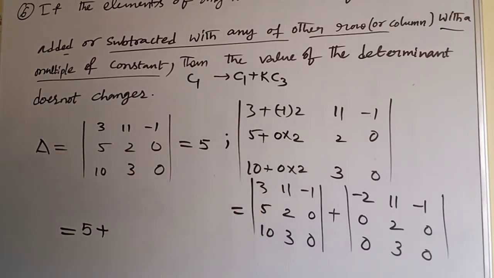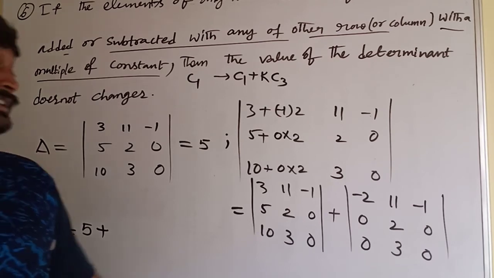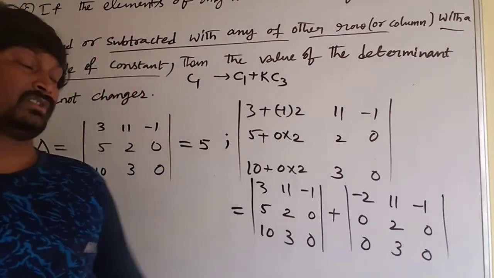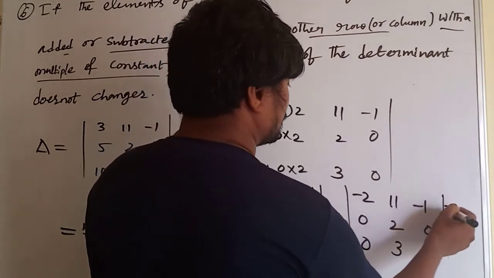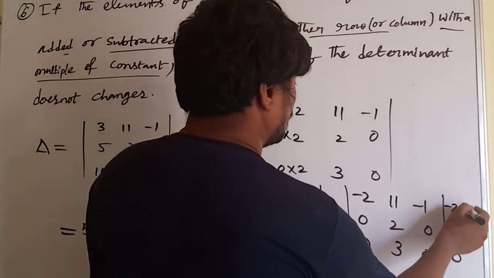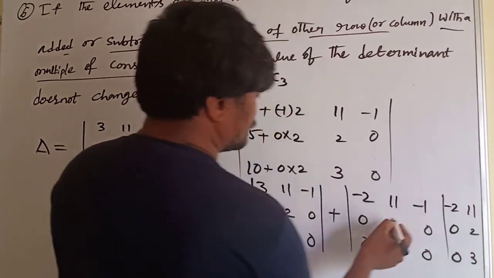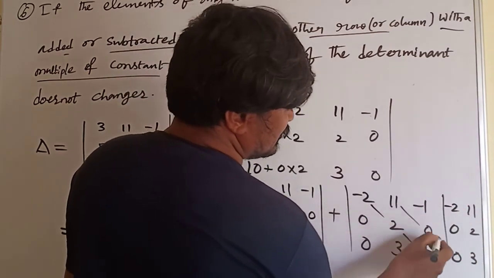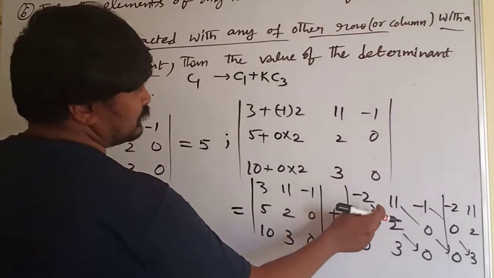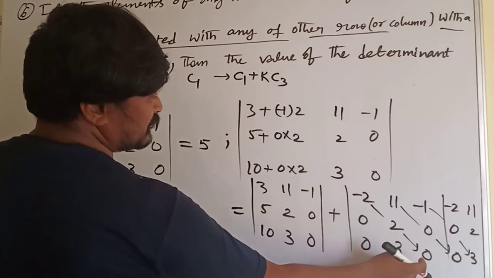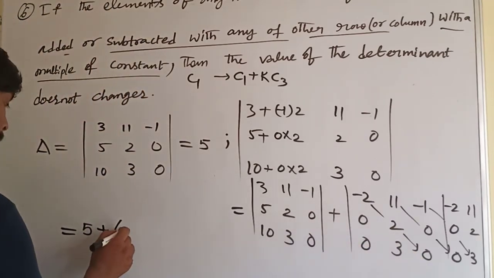Already this value is 5, plus, so the value never changes, which means the last one should be 0. How is it possible? Let me draw here the Sarrus diagram for this: minus 2, 0, 0, 11, 2, 3. This is our first one, second one, and then third one. Minus 2 into 2, minus 4, zeros are 0.